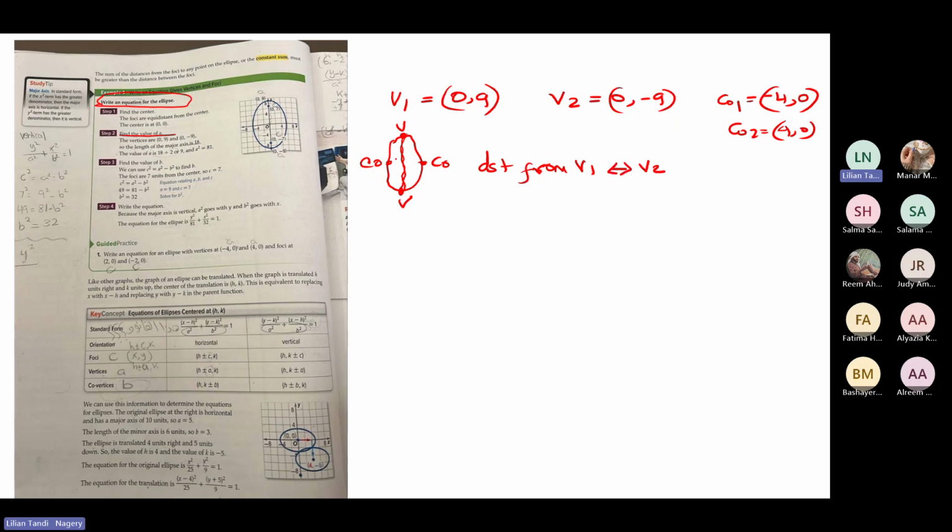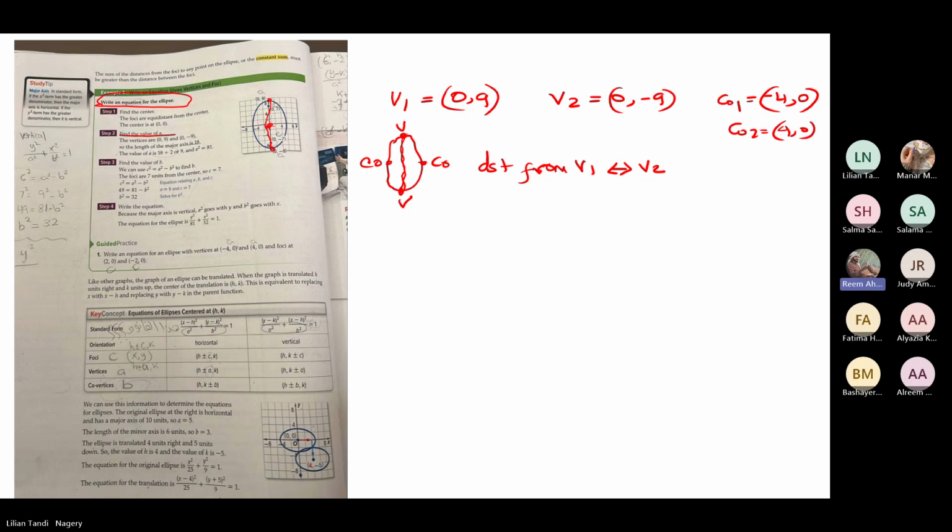I can count. How many boxes from 9 to 0? 9. From 0 to negative 9 is 9 boxes. Altogether it is 18.